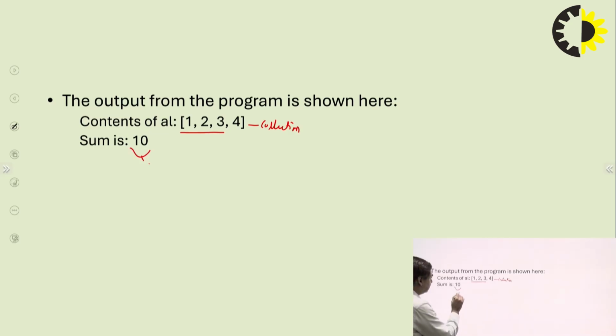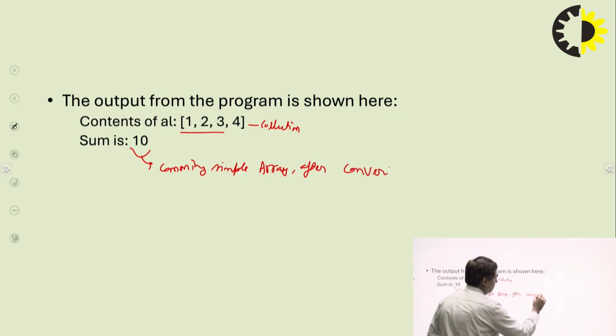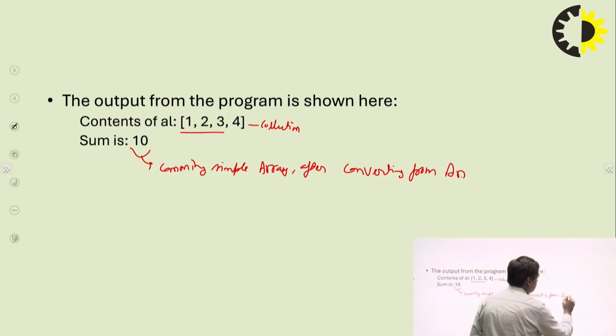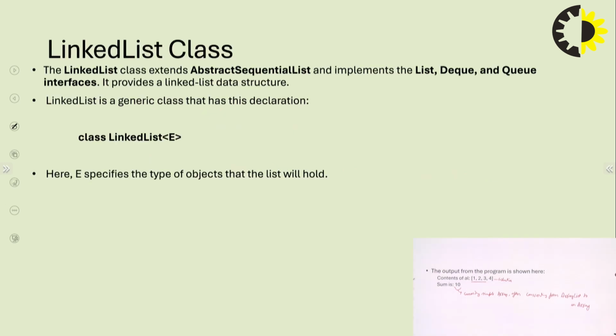So this addition is coming from the simple array after converting from array list to an array. So this is a very important part. We can convert array list into a simple array.